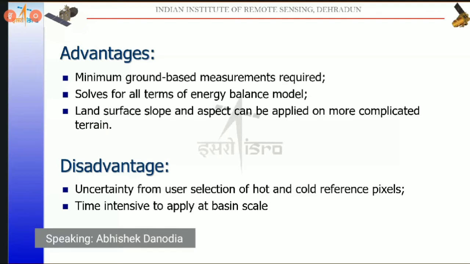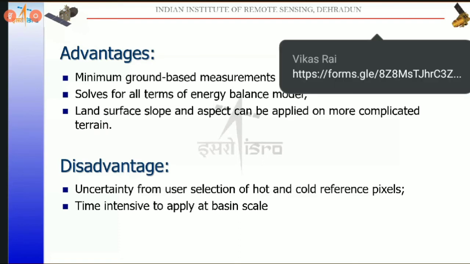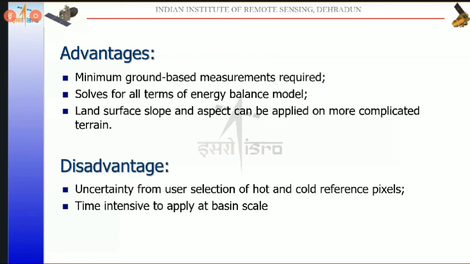This model is also very efficient in undulated topography or undulated surfaces. As I briefed in the earlier slide, in undulated topography it accounts for DSM, digital surface model data sets, as well as atmospheric pressure, because atmospheric pressure also varies with altitude. So these variabilities are also accounted for in the same model.